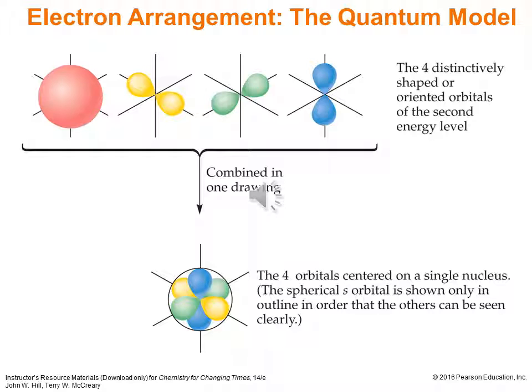When we combine all of these from the second energy level, the s and p orbital types, we get something that, again, fills roughly a spherical shape. So treating atoms as spheres works really well. Even with our more elaborate understanding, they still tend to behave in a spherical type of arrangement.